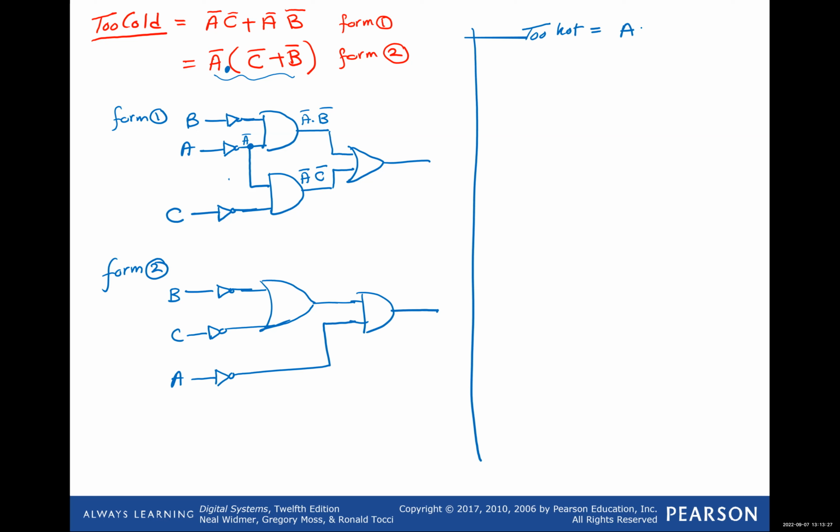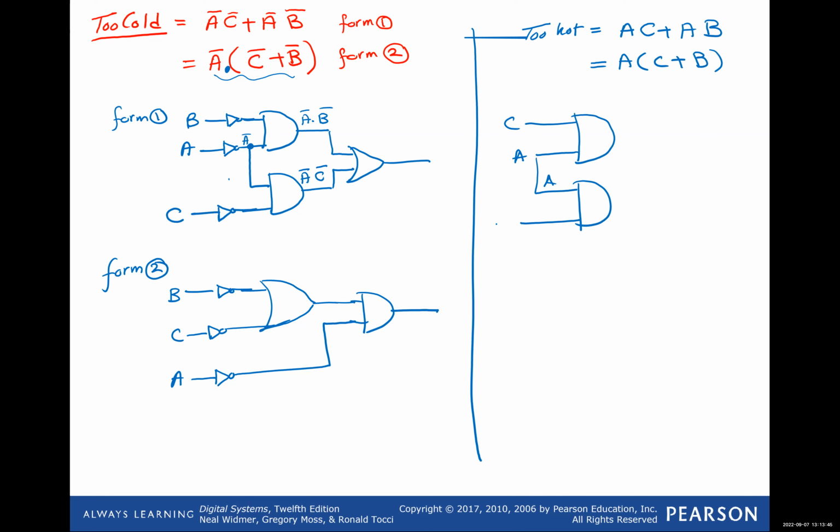Letting you know that now for the too hot, it's equal to A, C, or A, B, and I can do it also as A, C or B. So it's the same concept, but I can have two AND gates. One of them is A and C, the other is A and B. Okay, so this is just the A. And then I have an OR gate that's connecting both of them.